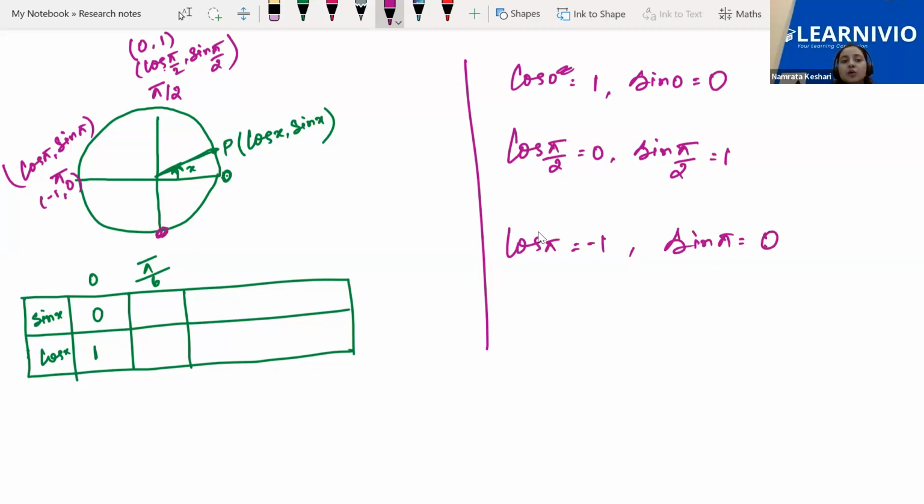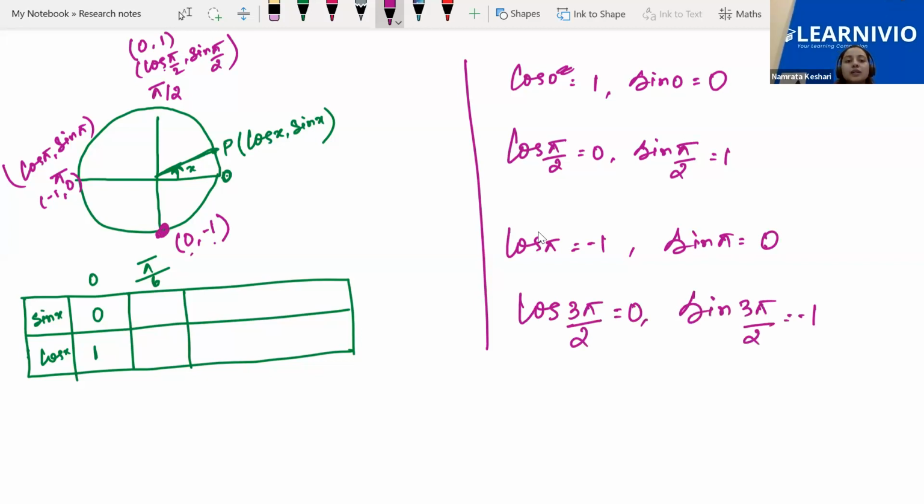Here the coordinate was x is 0, y is minus 1, and again we'll be taking cos 3 pi by 2, sin 3 pi by 2. So cos 3 pi by 2 is 0, sin 3 pi by 2 is minus 1.